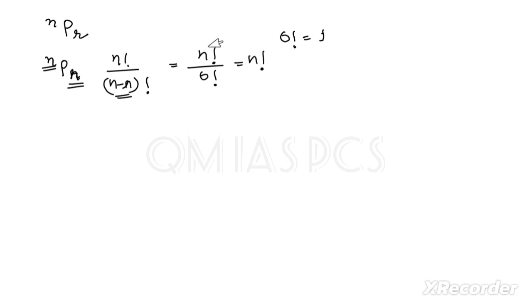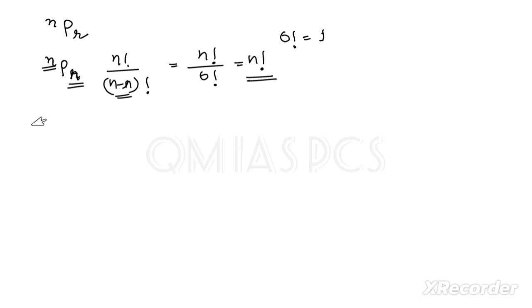In that case it will be factorial n divided by factorial (n minus n), which is factorial 0. We know that factorial 0 is equal to 1, so it is factorial n. So whenever we have to take the complete number, the answer will be factorial n.